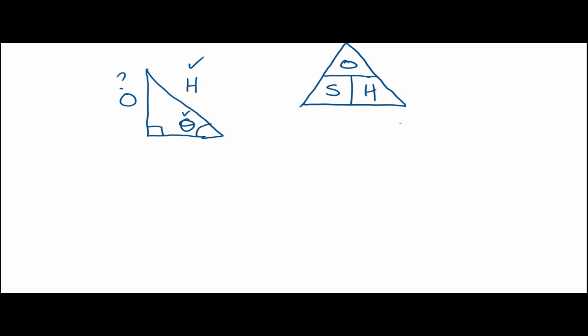Well, the way we would do that is that we would put our thumb over what we're looking for, so it disappears. And we know, therefore, that the opposite side is going to be equal to sine of theta, whatever theta is, times the hypotenuse.